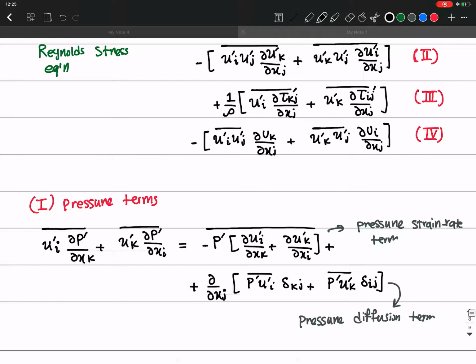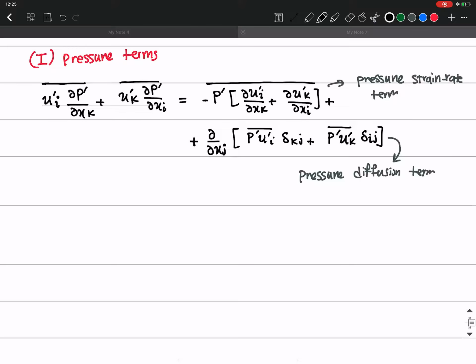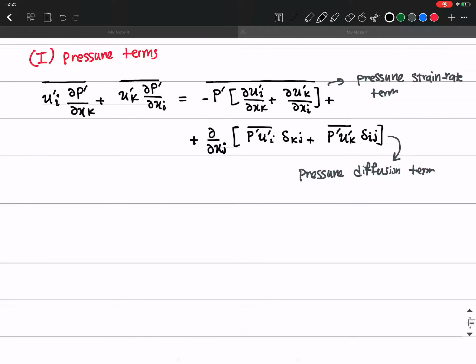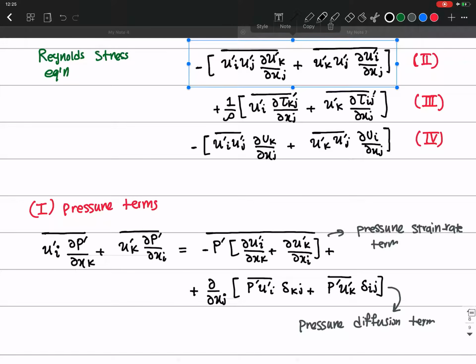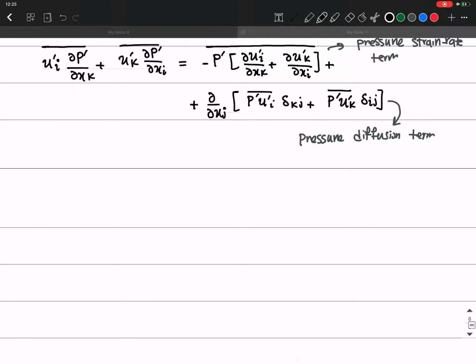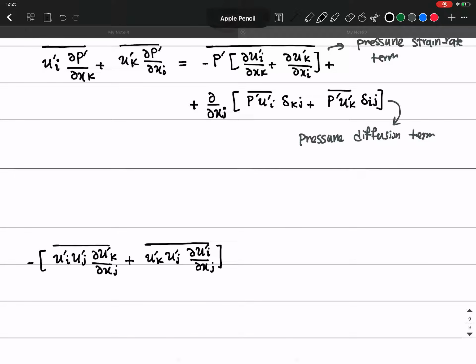And now let me rewrite the second term here. The second term is this term. The second terms are kind of transport terms.